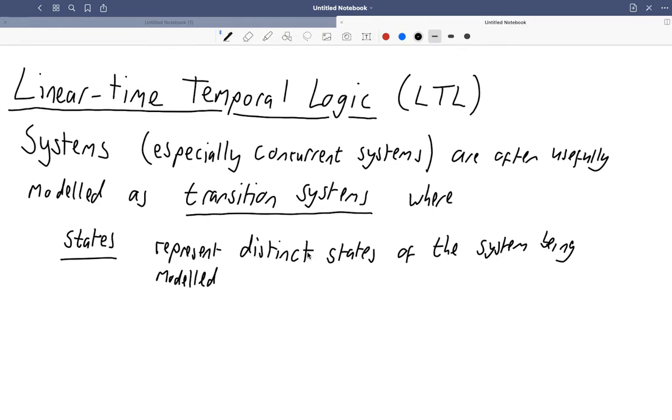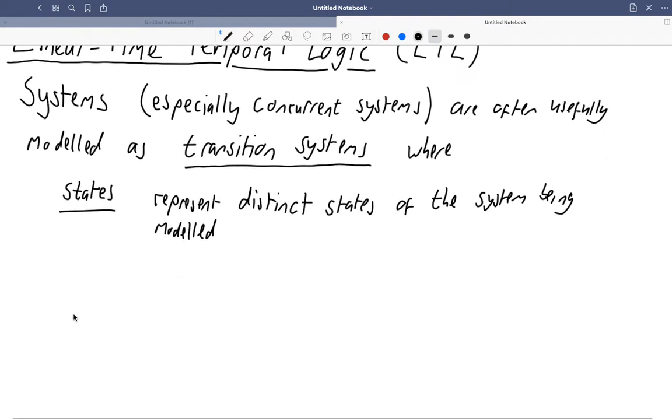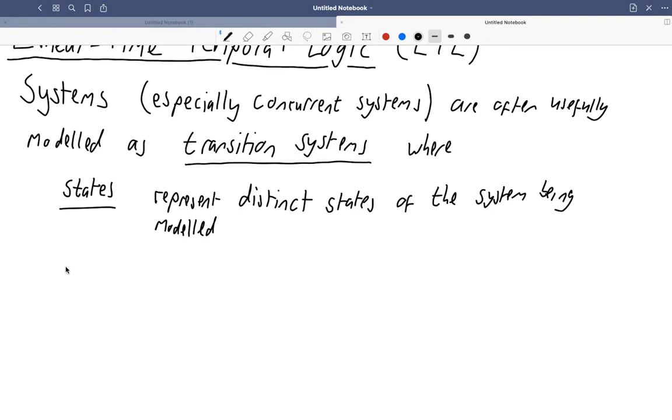So the idea is we have some real-world system that we're modelling, and of course that system can be in many different states. And in our mathematical model, which is a transition system, we need to put in one mathematical state for every different real-world state the system can be in. And we're going to have transitions, and the transitions represent the possibility for moving from one state to another state.